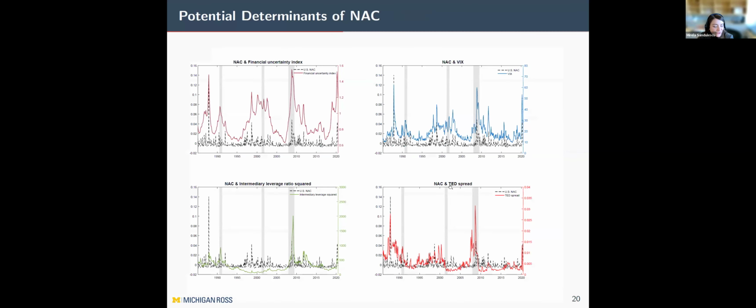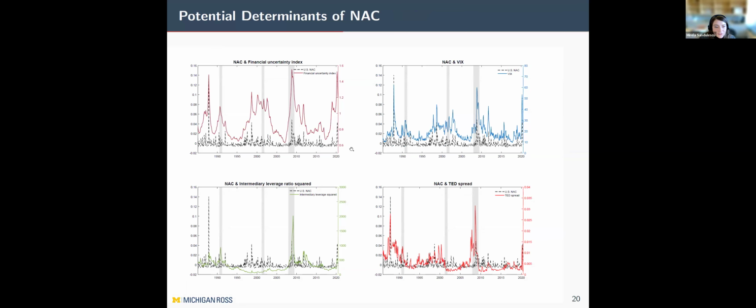All right, so then we are going to ask what are going to be some potential determinants for our NAC. And if you remember this counter-cyclical pattern that I have shown you at the beginning, you may be thinking of things like financial uncertainty, VIX, or some proxies of illiquidity, and so on. So this is what we are going to try to test here.